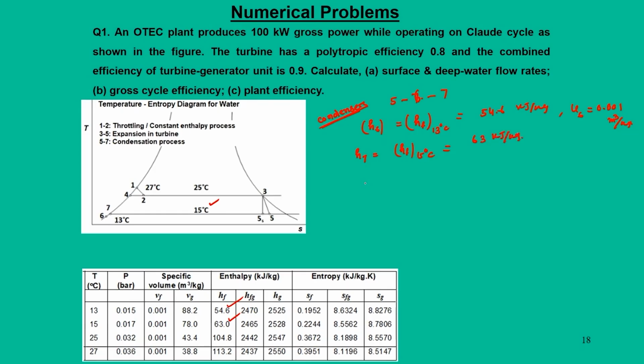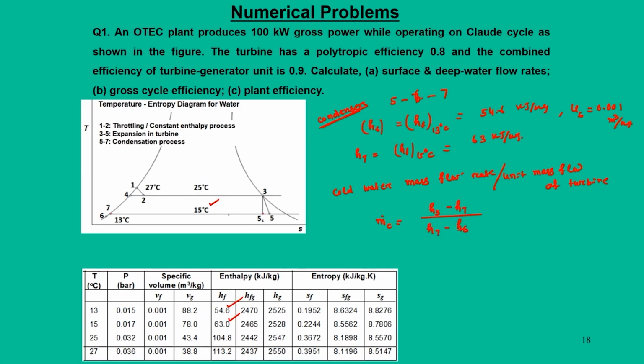Okay. So, we can find out the cold water mass flow rate per unit mass flow of turbine. So, that is m dot c, which is nothing but H5 minus H7 divided by H7 minus H6.